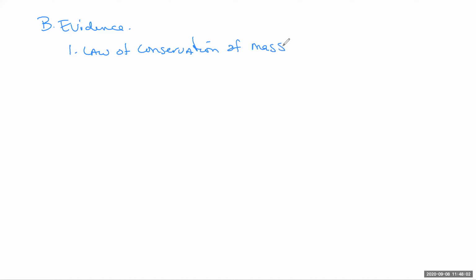Remember, the law of conservation of mass says that mass cannot be created or destroyed by ordinary means. So if whatever materials we started with, let's say starting materials, mass has to equal the final materials mass.